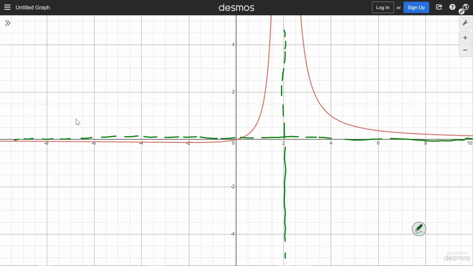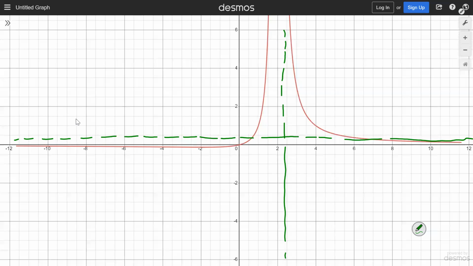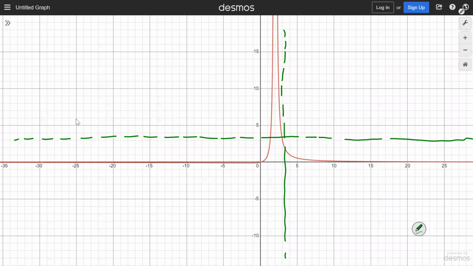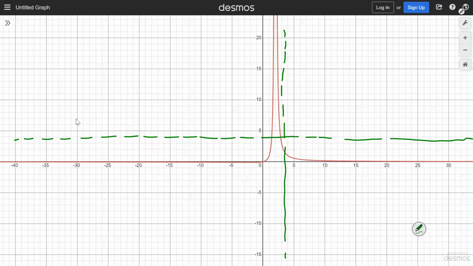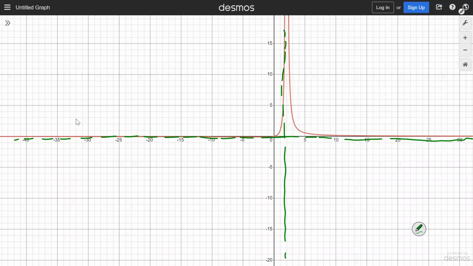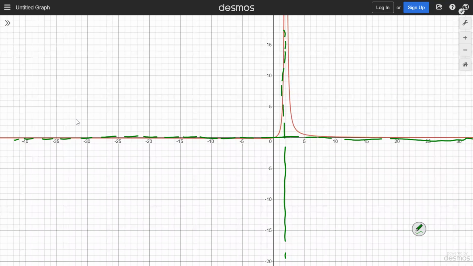If you look at this graph, the arm on the right-hand side is going to stay above the x-axis. We can zoom out a bit and you can see that one will get closer and closer to the x-axis from the top, but it's not going to cross it, obviously not going to touch it.